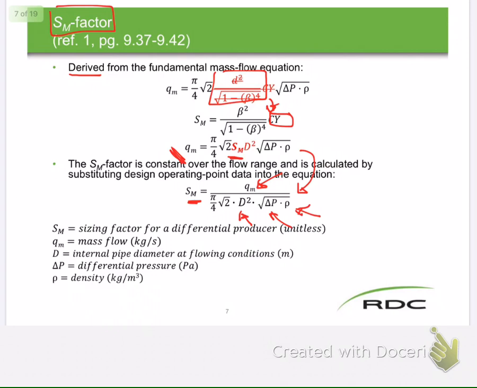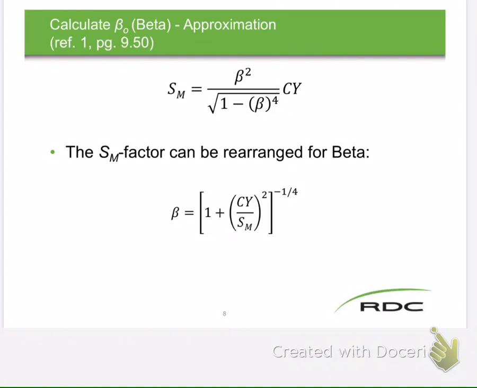So this formula up here is hopefully something that we've seen before, because it shows you where the SM factor comes from. And now over here, we can take that SM factor and use it. We can rearrange it to solve for beta, because that's what we're after right now.